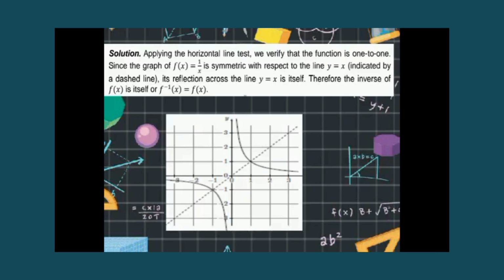Therefore, the inverse of f of x is itself: f to the power of -1 of x equals f of x.